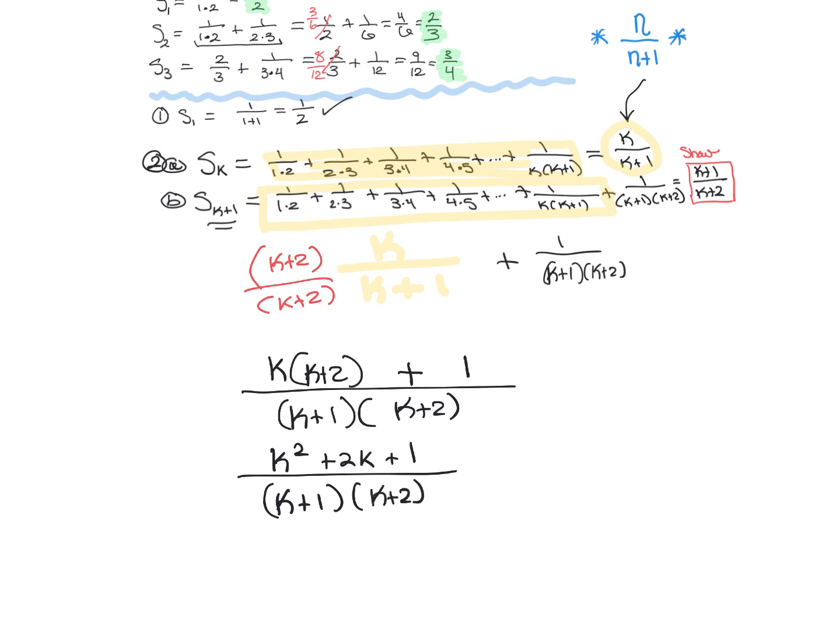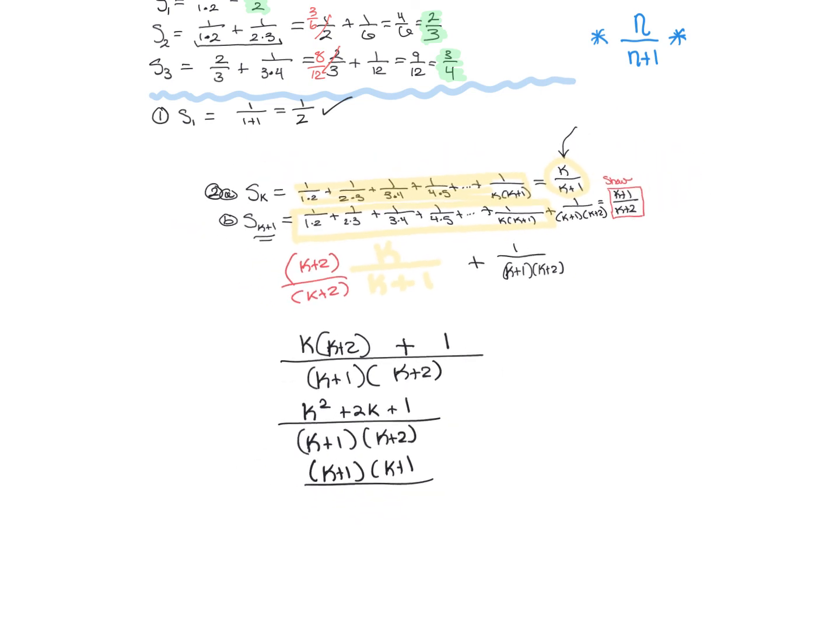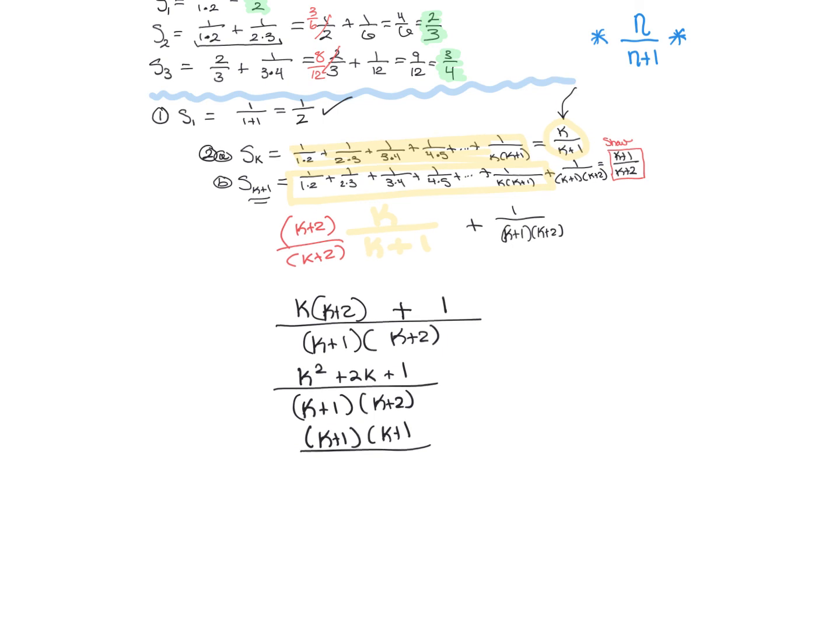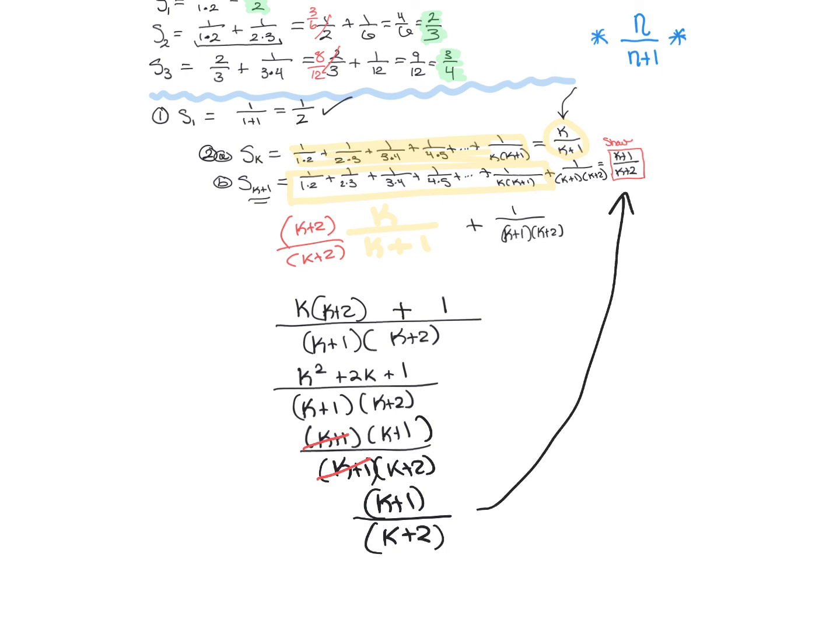I'm going to factor that top. That top factors into k plus 1 times k plus 1, over k plus 1 times k plus 2. And magical math, k plus 1 and k plus 1 cancel out. So you're left with k plus 1 over k plus 2, which is what I was trying to prove in my red box. I did it.